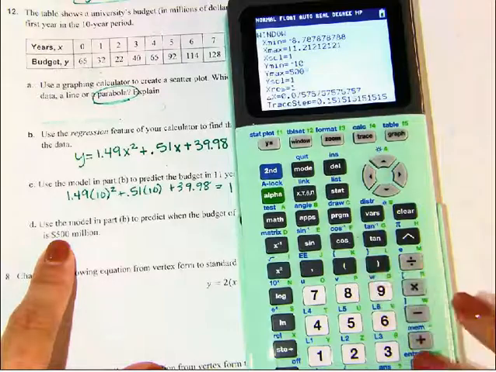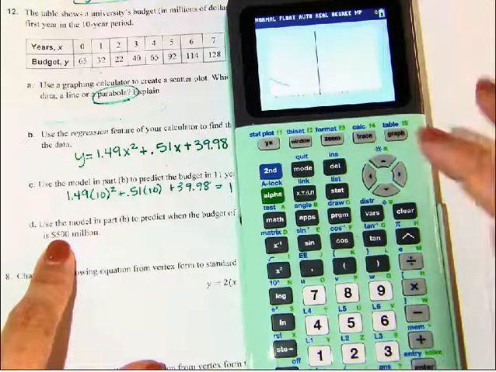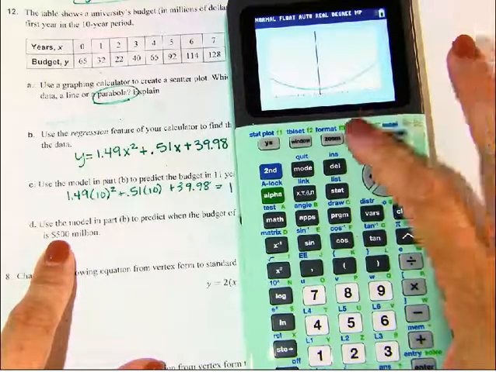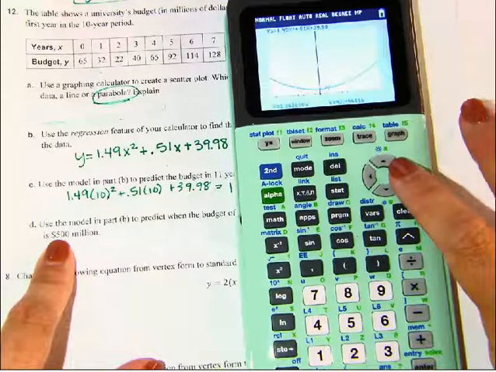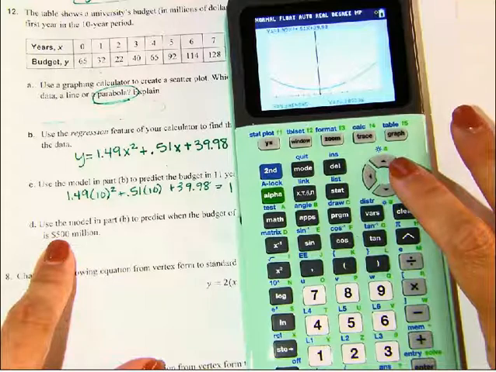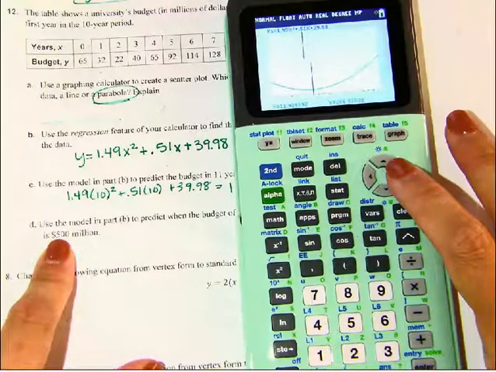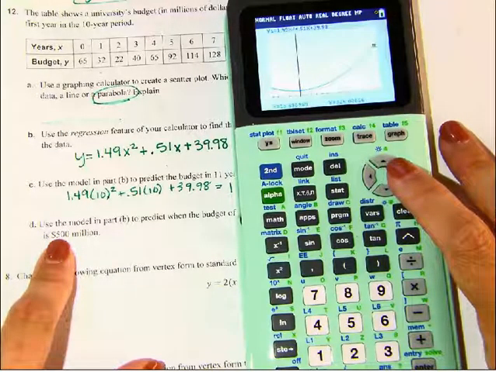I'm just going to get it at 500, graph, and trace, and that's not what I wanted, but it will zoom. Okay, here we go. Whoa, it changed again. Okay, so all the way to 500 here.